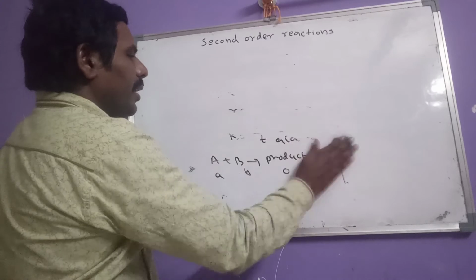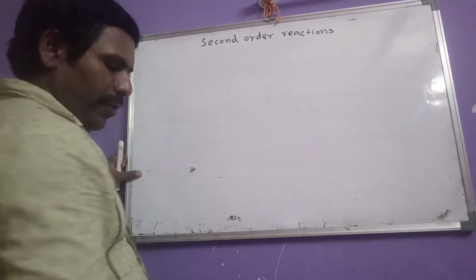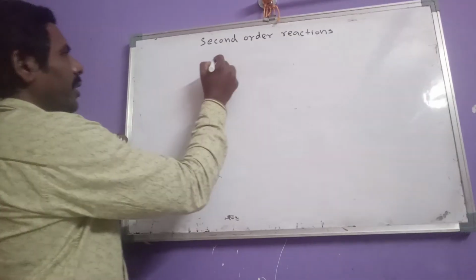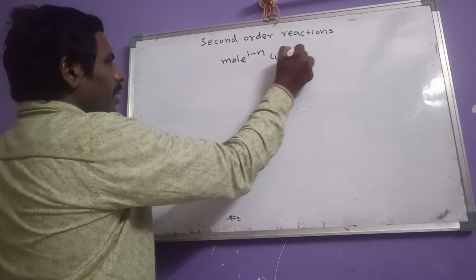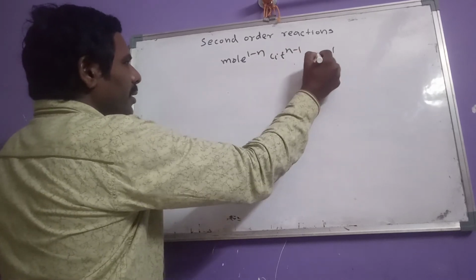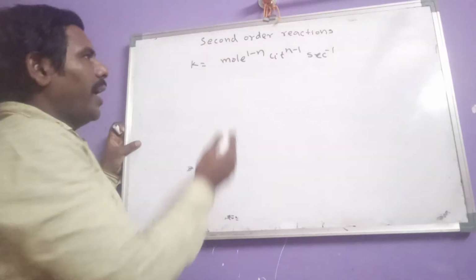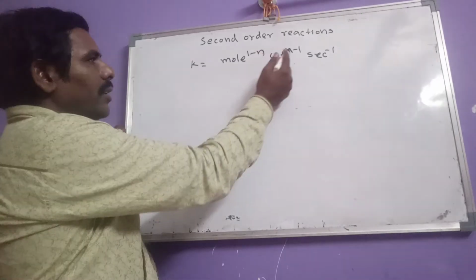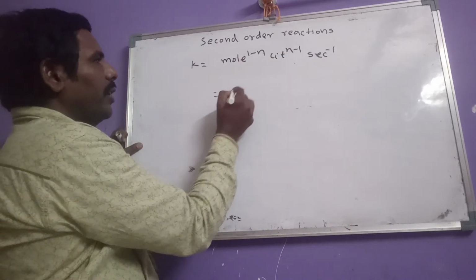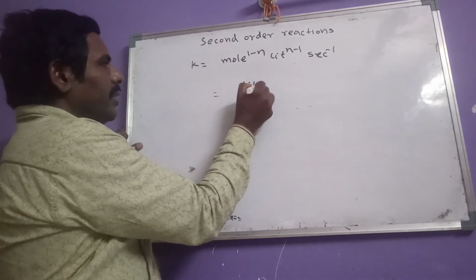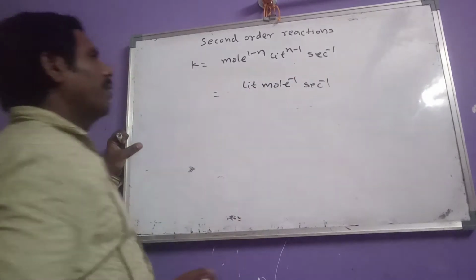First, let us see the units of rate constant k. We know the formula: mole to the power 1 minus n, liter to the power n minus 1, second inverse. These are the units of k. As it is a second order reaction, substitute n value 2 here. Therefore, we get liter mole to the power minus 1 second to the power minus 1.